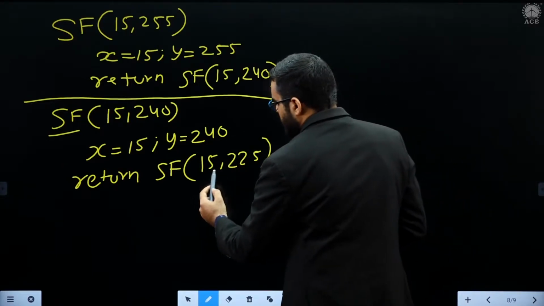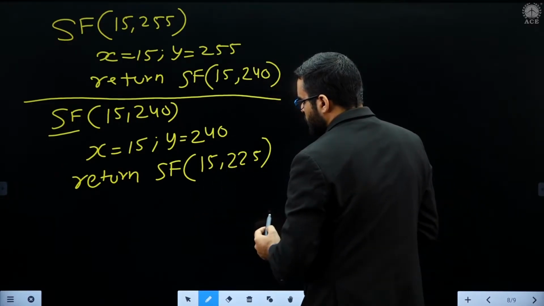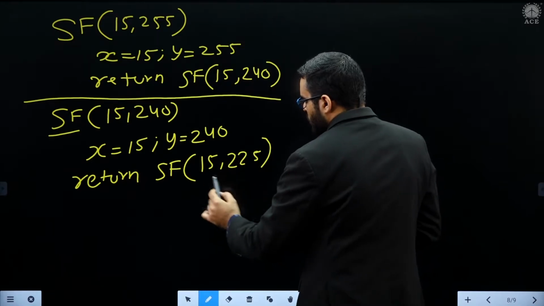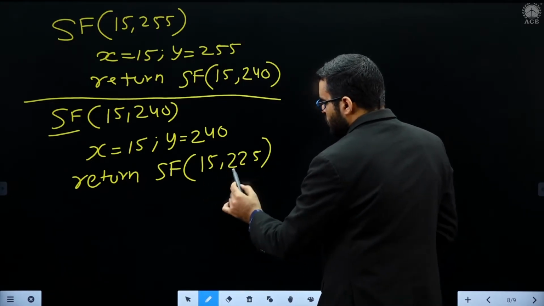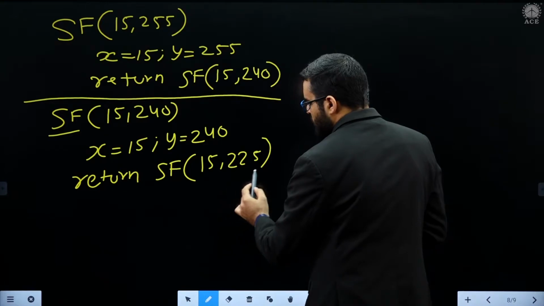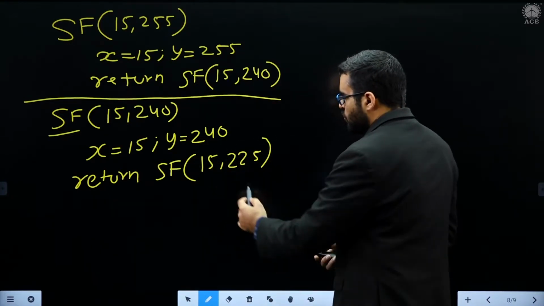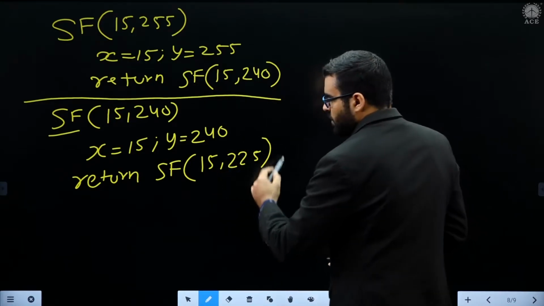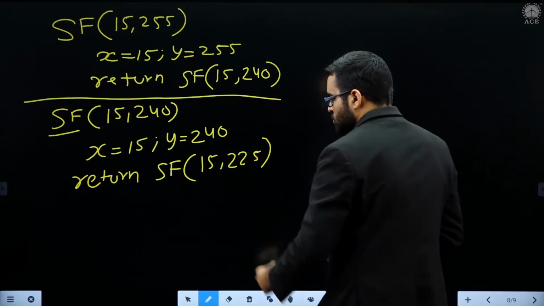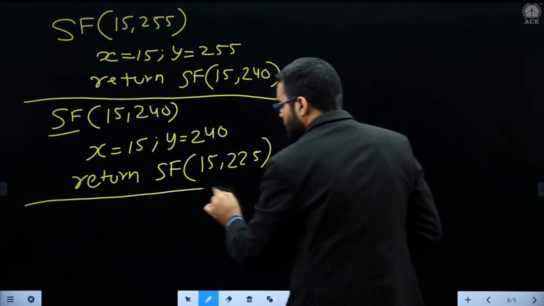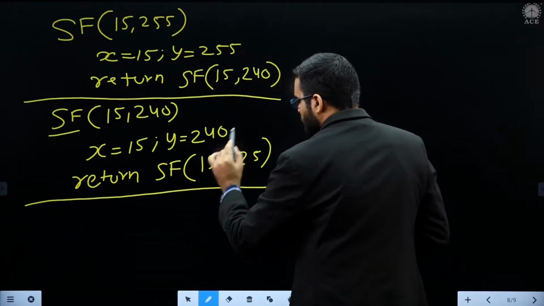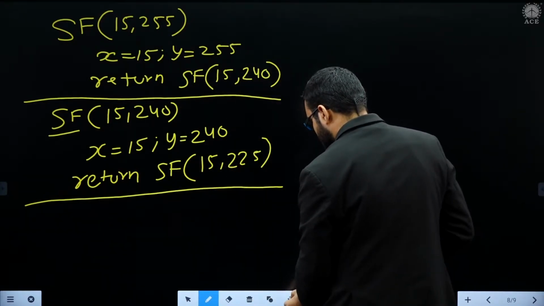You can see this 15 is the smaller value. So as long as y is greater than x, we subtract this 15 from this 225. We keep on doing like this. Now let's calculate SF of 15, 225, and then you will see what is happening.